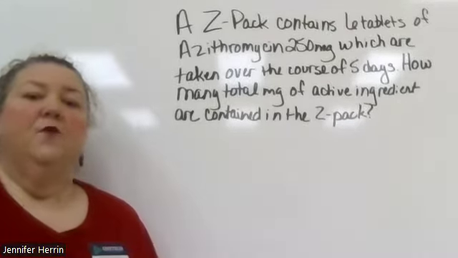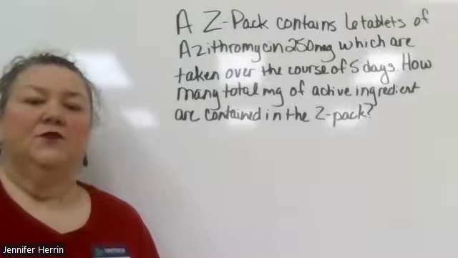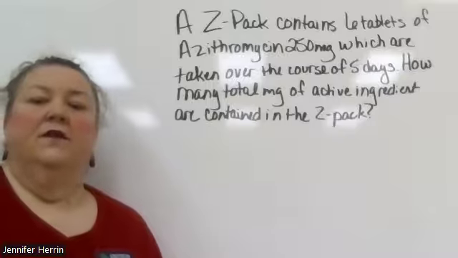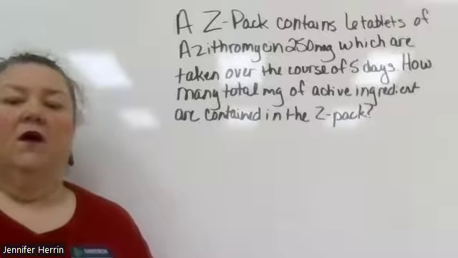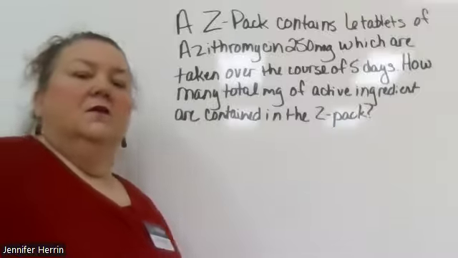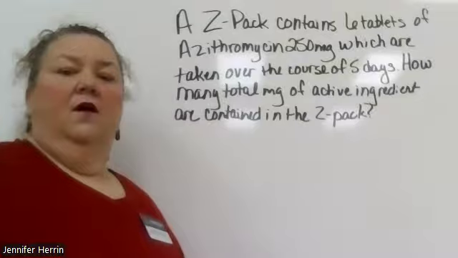Okay, so for this example, we have a Z-Pack, which contains 6 tablets of azithromycin 250 milligram, which are taken over the course of 5 days. The question is, how many total milligrams of active ingredient are contained in the Z-Pack? So remember our formula. We're going to take the strength over the units.